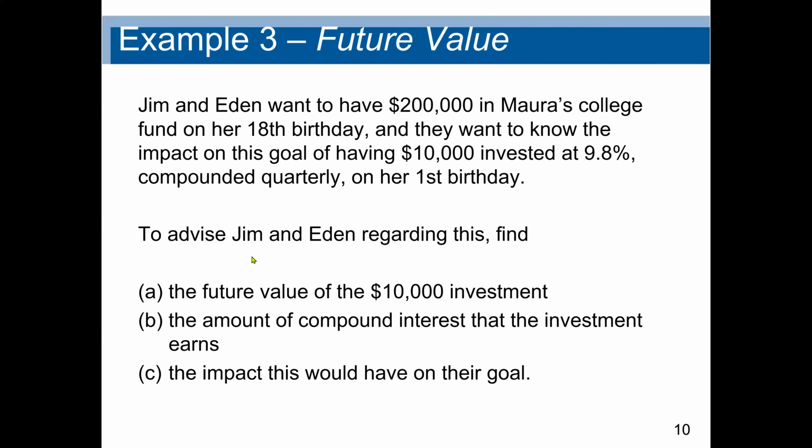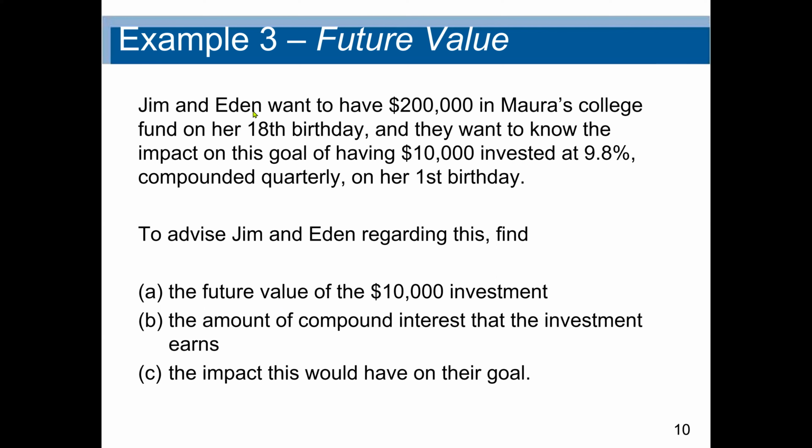To advise Jim and Eddie, we need to find the future value of the $10,000 investment, the amount of compound interest that the investment earns, and the impact this will have on their goal.